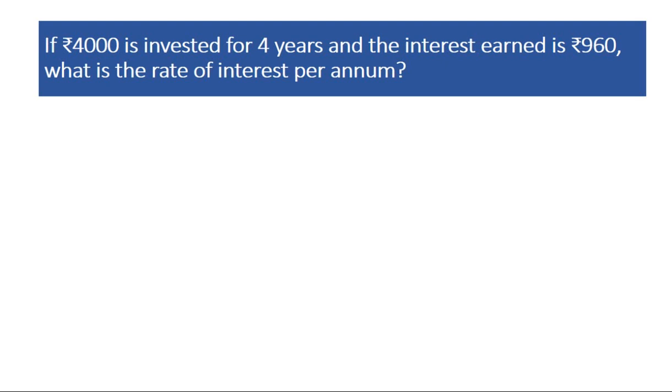If 4000 is invested for 4 years and the interest earned is 960, what is the rate of interest per annum? SI is equal to 960, P is equal to 4000, T is equal to 4.